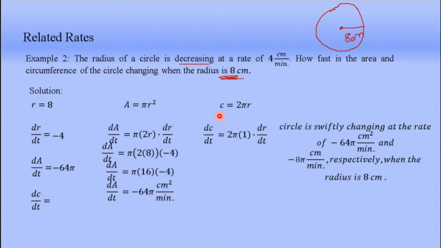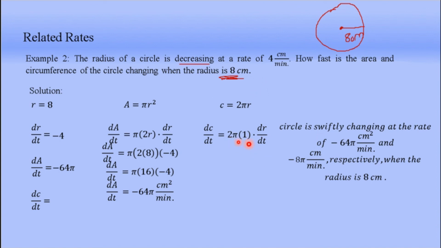The derivative of C, the circumference with respect to time, equals 2 pi, which is just a constant, so it stays as it is. And then the derivative of r is 1, times dr over dt.